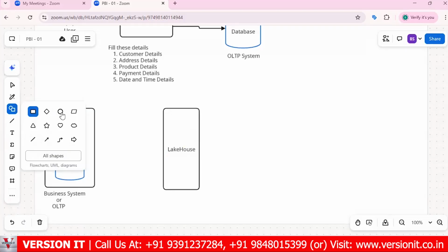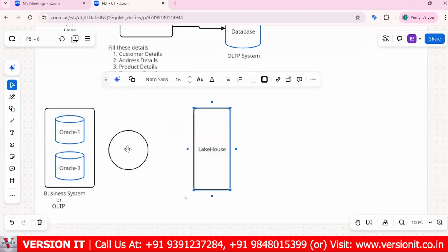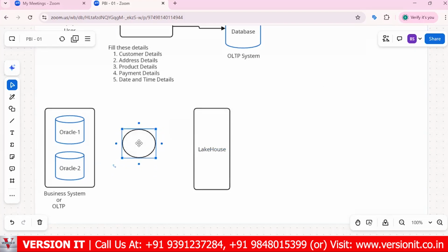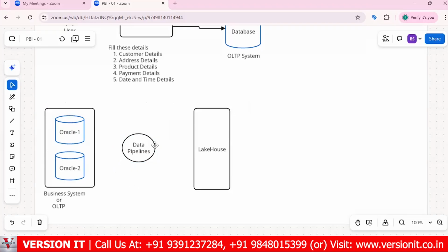In order to bring the data from here, we need to ingest it. We need to ingest the data. To ingest in Microsoft Fabric, we are going to use data pipelines.